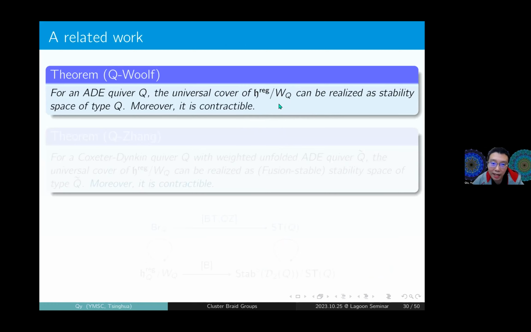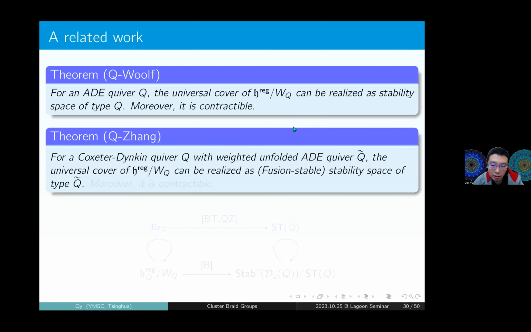And the way we do that is we realize this space as the space of stability conditions of the corresponding type. And recently, using the fusion stable technique, we can also deal with the BCFGHI case, and we can also give a categorical proof that this is contractible, matching the classical results.